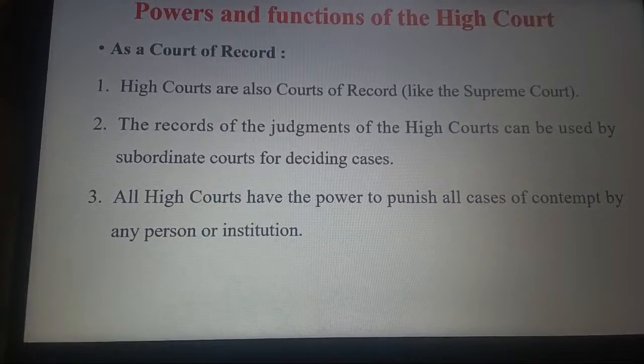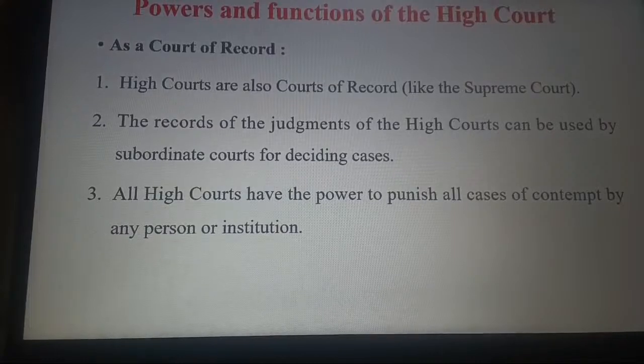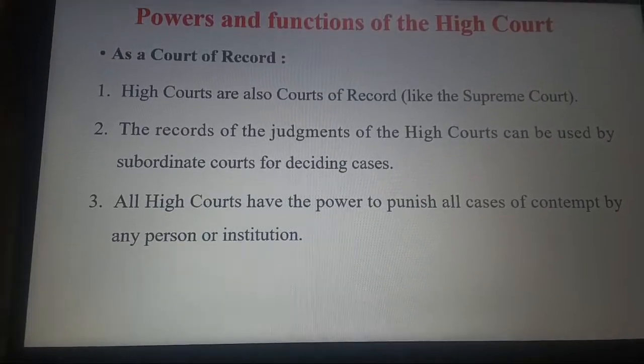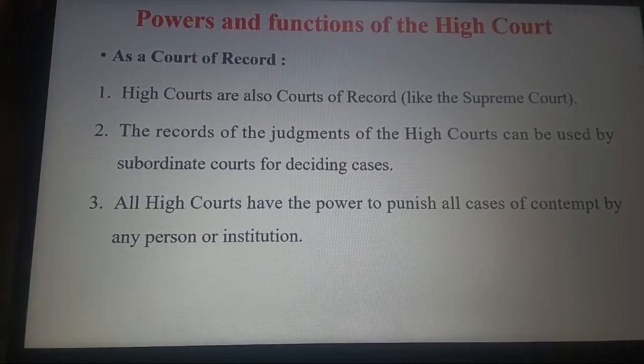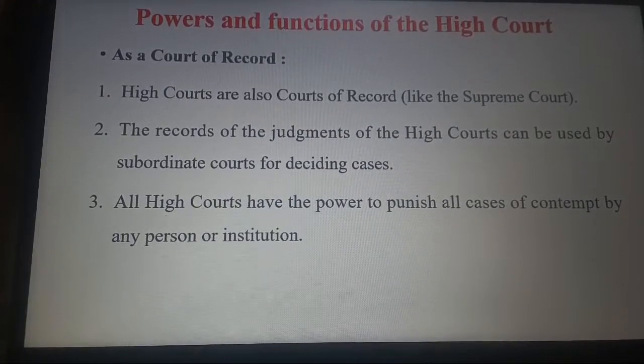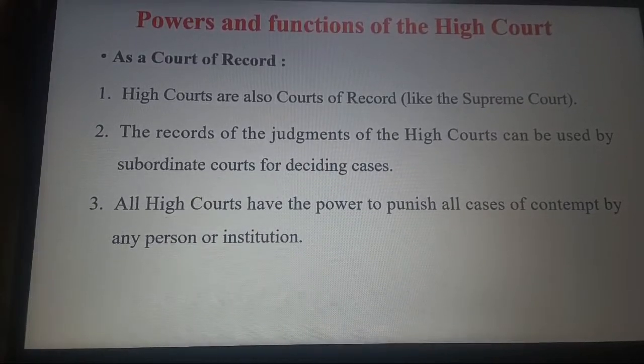High courts are also courts of record like the Supreme Court. The records of the judgments of the High Courts can be used by subordinate courts for deciding cases. All high courts have the power to punish all cases of contempt by any person or institution.